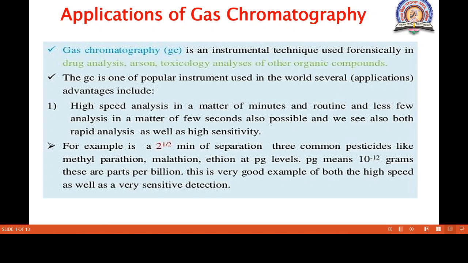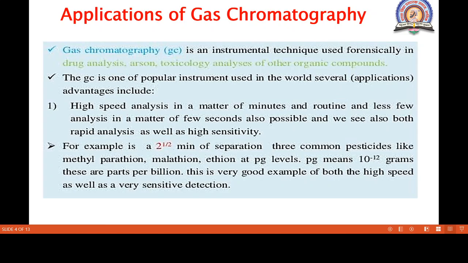GC is one of the popular instruments used in the world, with several advantages and applications. Some of them are high-speed analysis in a matter of a minute, and routine analysis in a matter of a few seconds is also possible.